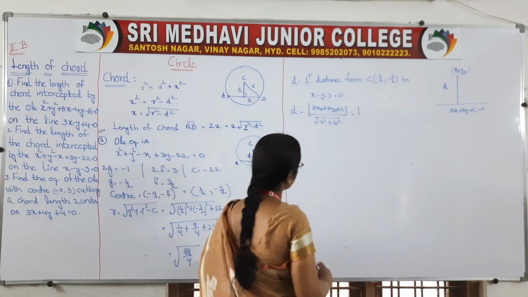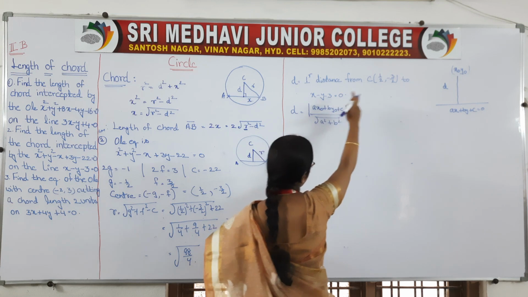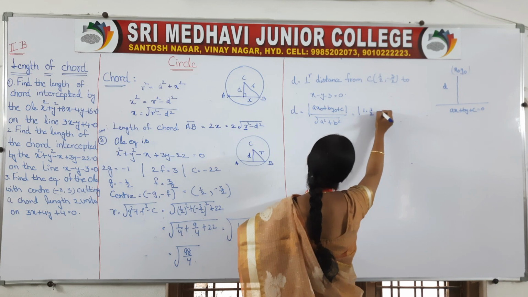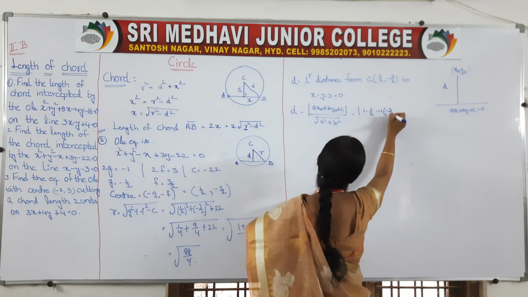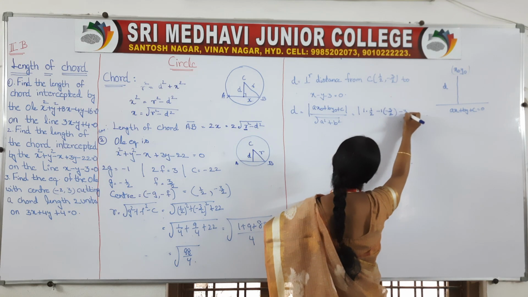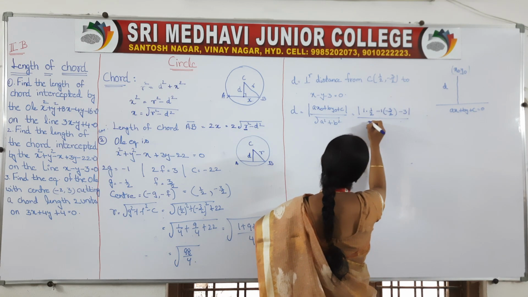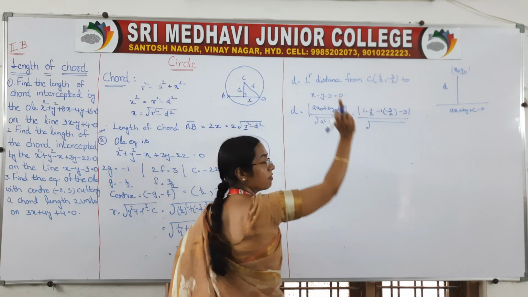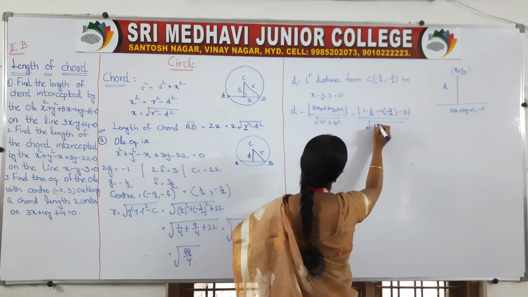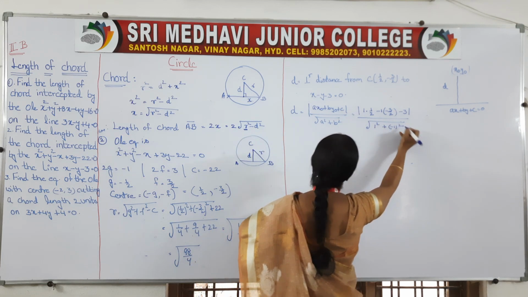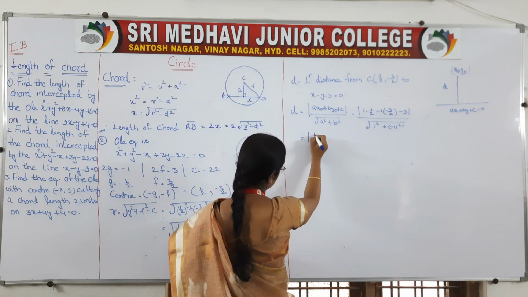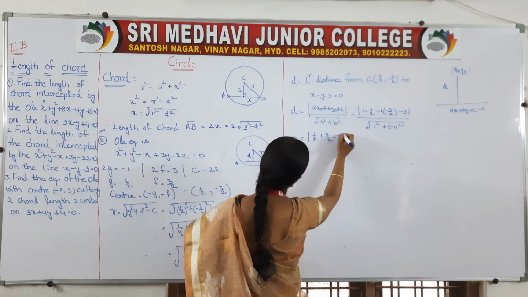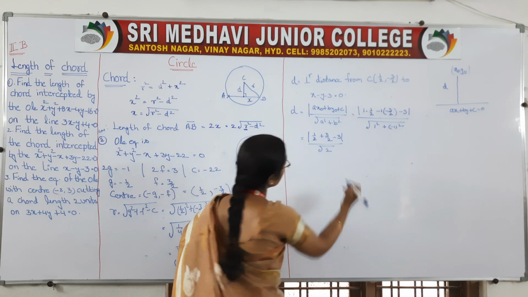So 1 into 1 by 2 minus 1 into minus 3 by 2, plus c, we are having minus 3, by root of a square plus b square. A is x coefficient, b is y coefficient, ax plus by, like that we have to take. So it is root of 1 square plus minus 1 square, equal to 1 by 2 minus of minus, plus 3 by 2, minus 3, by root of 1 plus 1, it is 2.